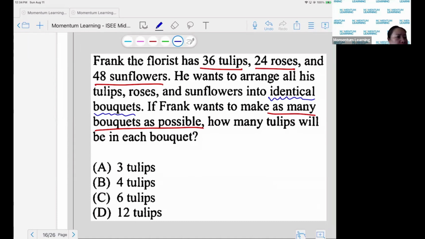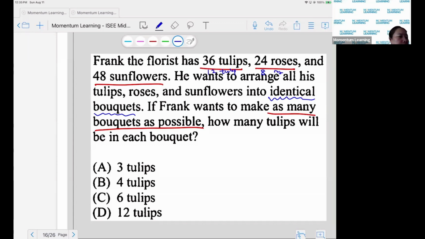So if we have 12 tulips in one bouquet, and then the other one is divided by 3 here, right? So if each bouquet is 12 tulips, that means you have 3 bouquets. Then you have 8 roses and you divide by that.